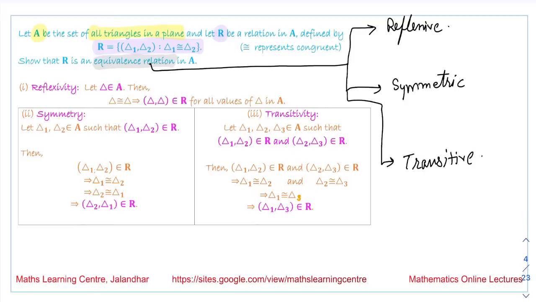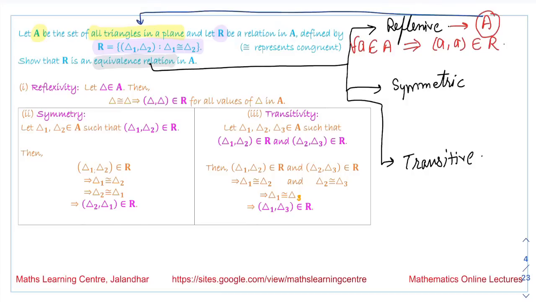The definition of reflexive we have is, if any set A is given, we have considered that for all a belongs to A, this implies that (a, a) belongs to the relation R. Now in this case, the definition of this A we have is that A is all triangles in a plane.